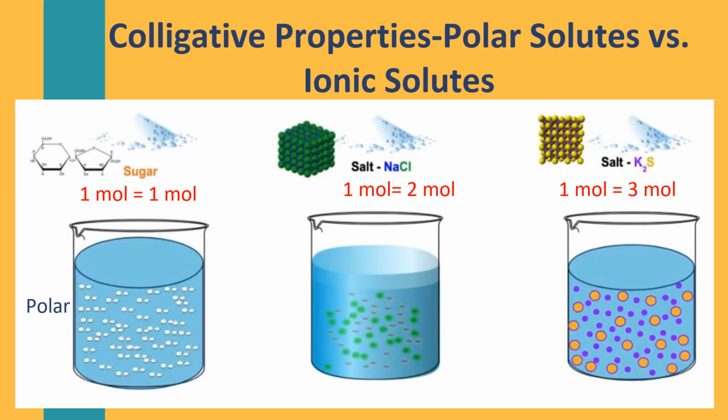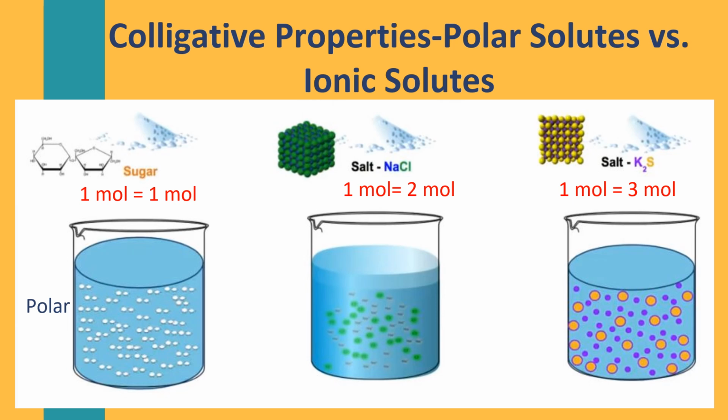If I were to ask you which one of these solutions is going to have the greatest effect on the boiling point and the freezing point, it's going to be this one, because there are 3 moles of dissolved particles. Which one will have the least effect on the boiling point or the freezing point? It's going to be the sugar, because there's only 1 mole of dissolved particles.